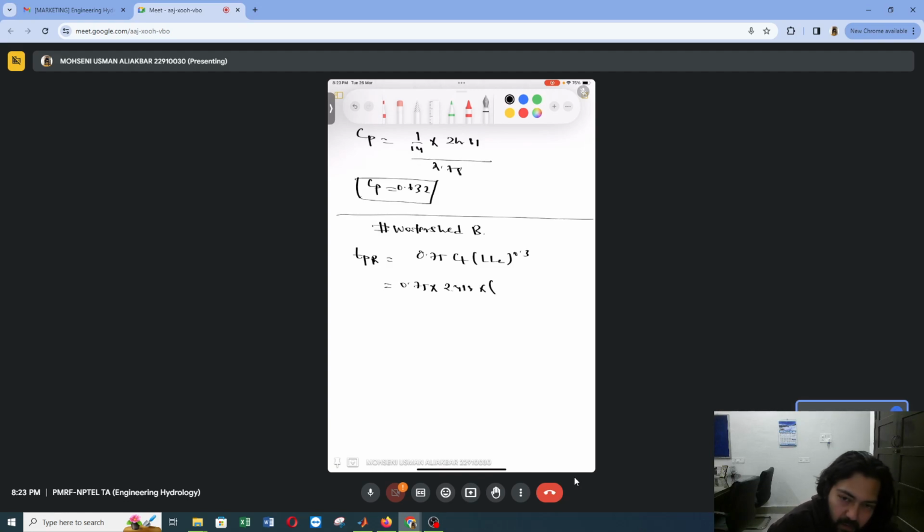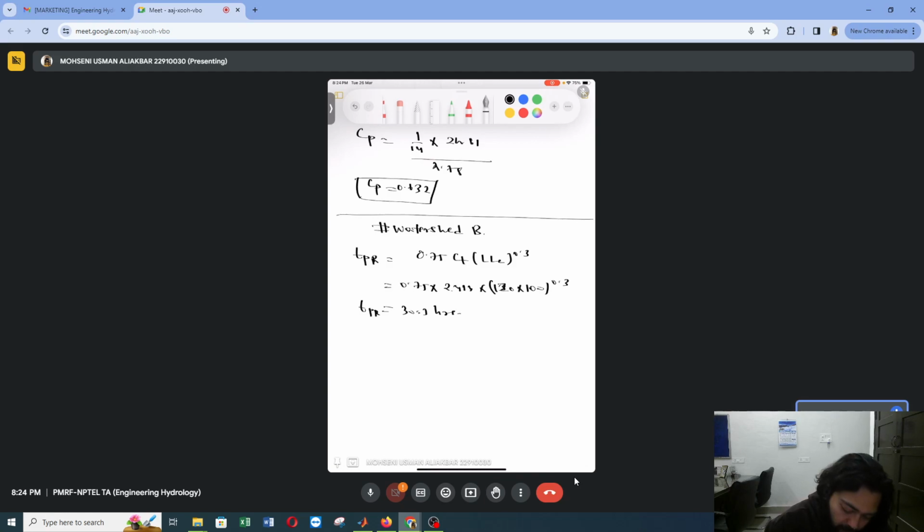Now the length of main stream and the distance between outlet and centroid of the catchment is changing for watershed B. That value is 120 and 100. So we got the value of TPR as 30.3 hours, right?